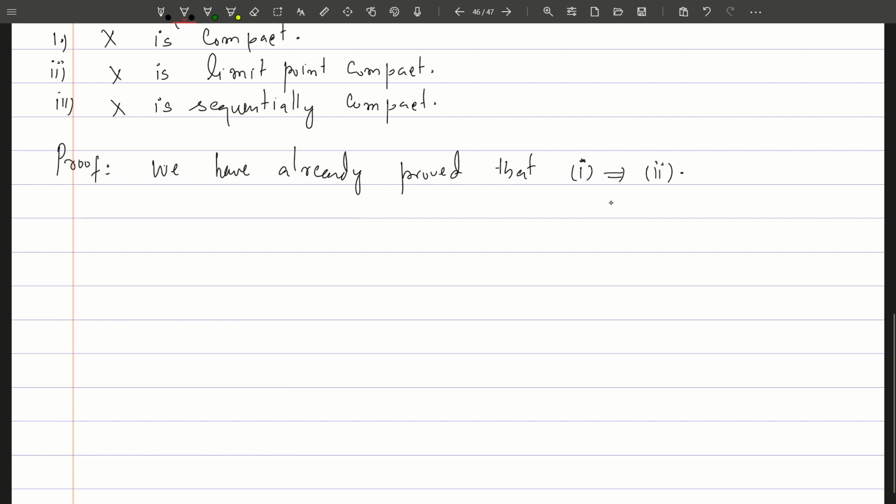However, while proving the other two, I mean second implies third and third implies first, we require the metrizability of X. We proved this in the last lecture.